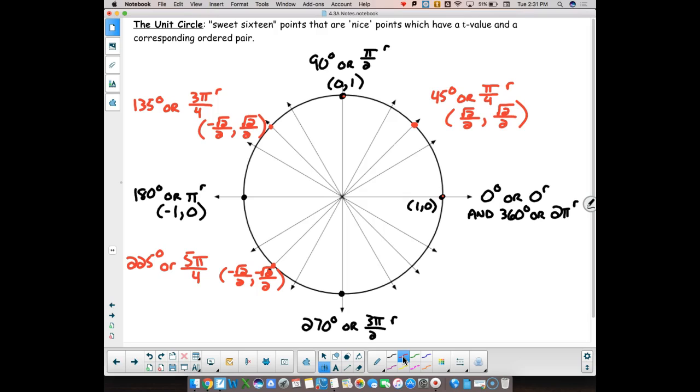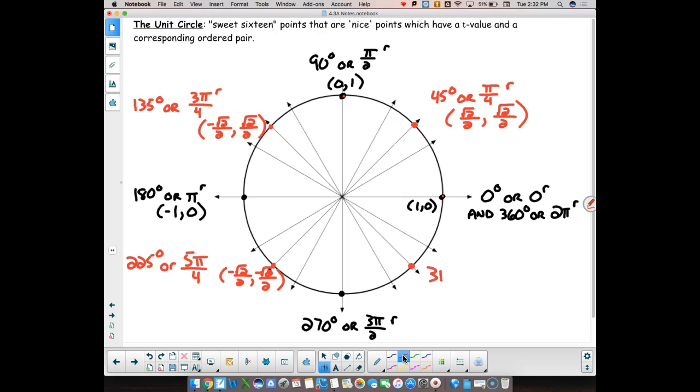Take a couple of seconds and find me the degree, radian, and coordinates of this point right there. Degree: 315.